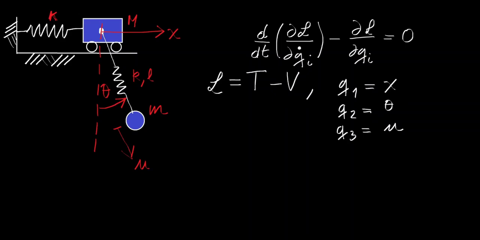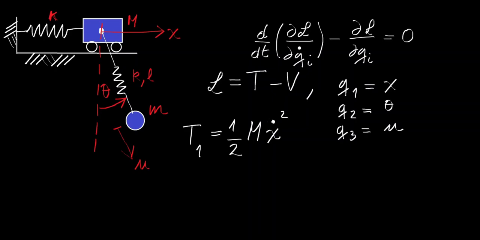So let's first begin by writing the Lagrangian, and let's first focus our attention on the kinetic energy. This kinetic energy can be divided in two components. First, the kinetic energy of the cart, which I will call T sub 1, which is simply equal to 1/2 capital M times x dot squared, x dot being the velocity of the cart, and T2, which will be the kinetic energy of the second object.